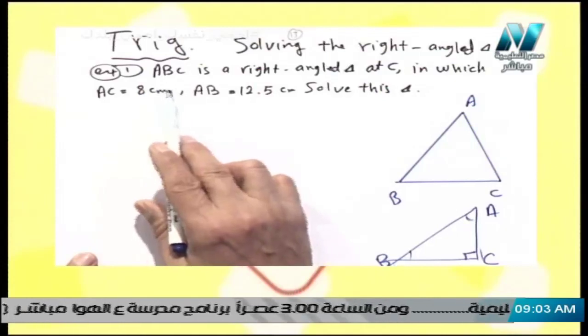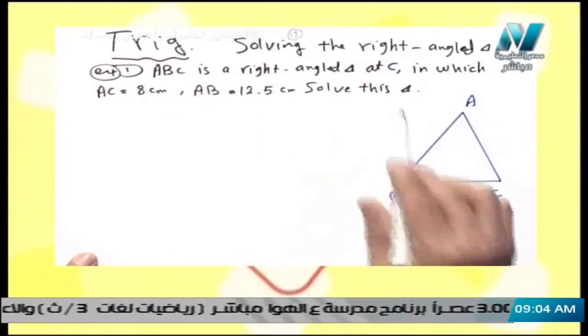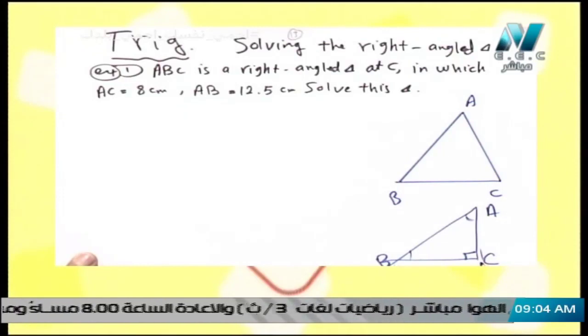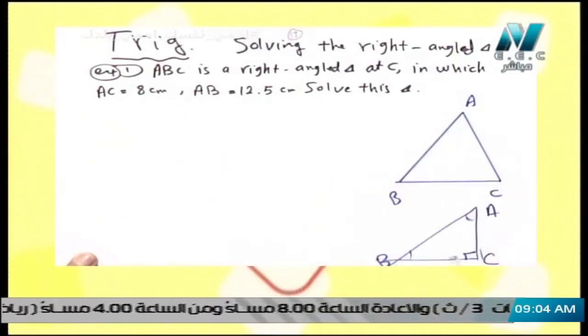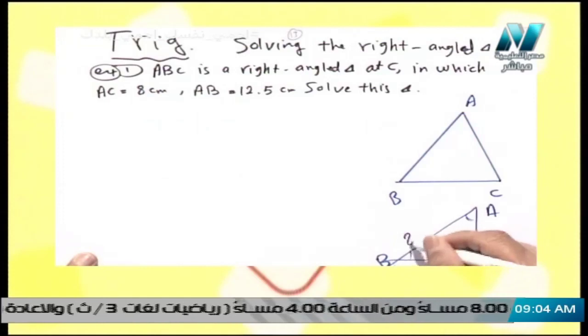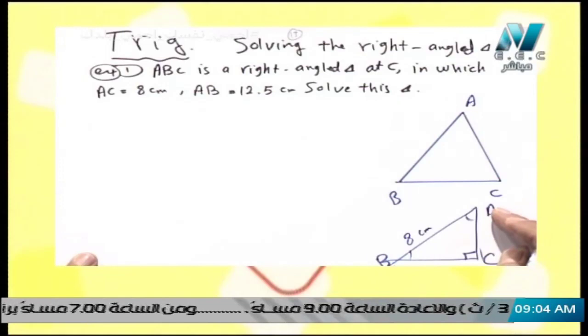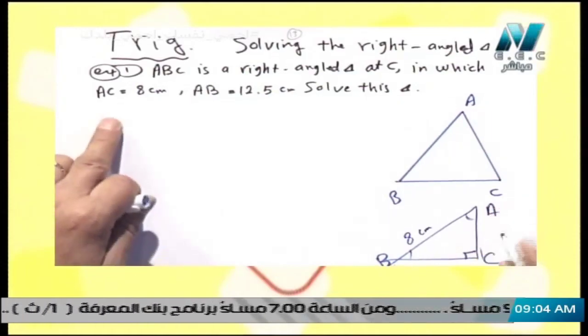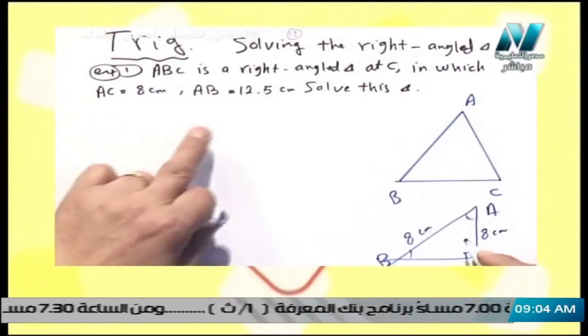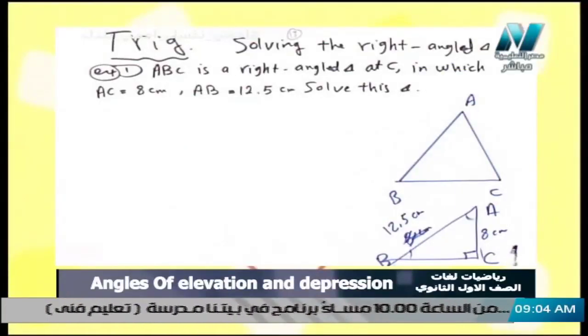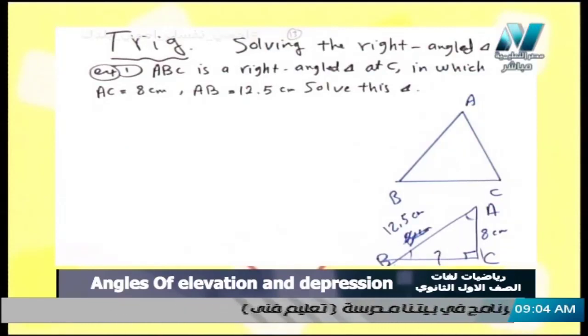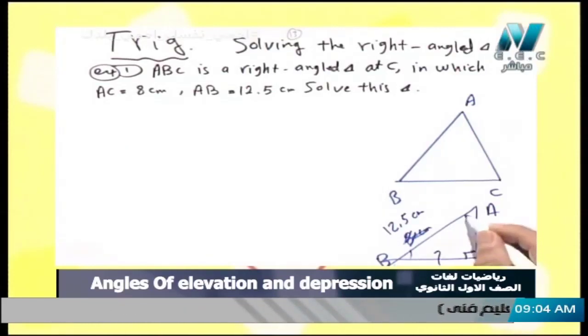As here, in the example, ABC is a right angle triangle at C, so C is the right angle, in which AC equals 8 centimeters, and AB is 12.5 centimeters. To solve the triangle, we must find the third side and find this angle and this angle.